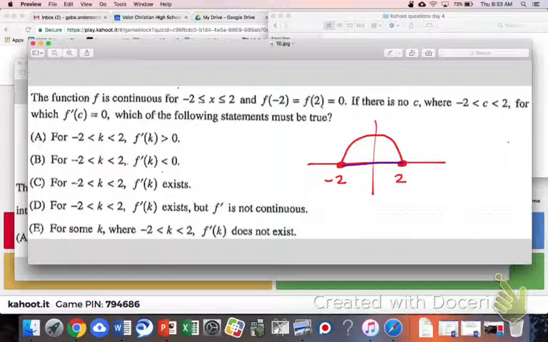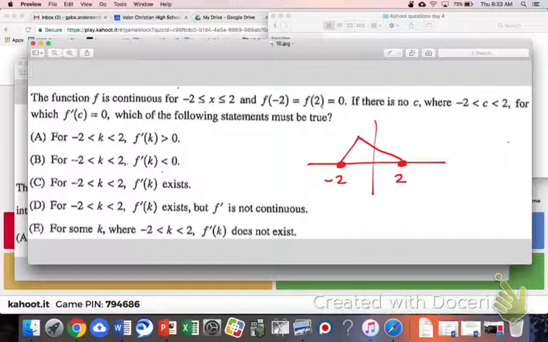But what they're saying is that we don't have an instantaneous slope of 0. So there's really only one way to do this. If you have a continuous function and f prime never equals 0, it has to have some kind of a sharp point. Maybe it's something that looks like an absolute value. It could look different, I suppose, but it's got to have some element of a sharp point, or sharp points, in order for it to fit this.